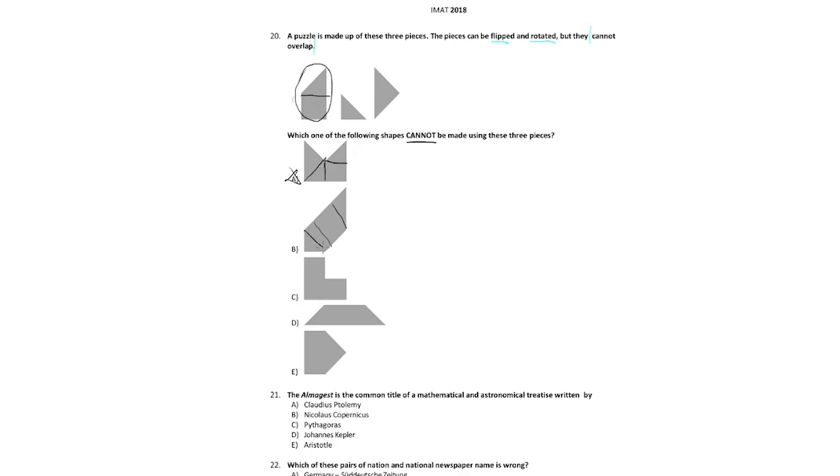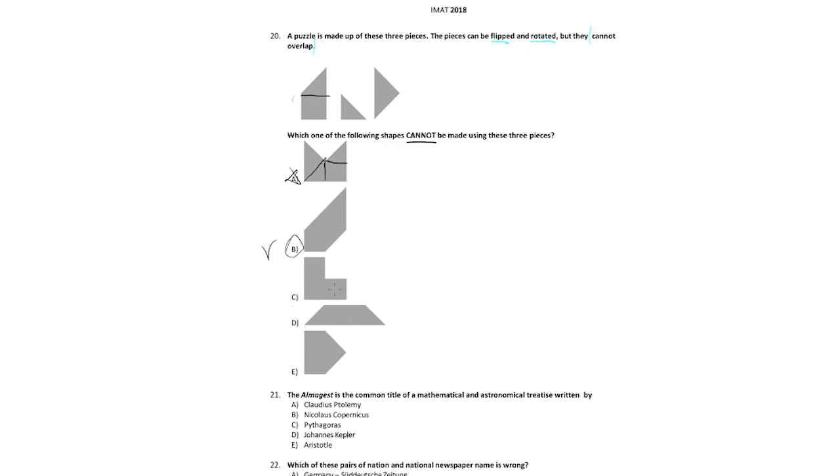We can put, for example, this piece, but we see that this piece is not this piece over here. So we can't put these three pieces together in letter B. So we can say that letter B is actually the answer we are trying to find.